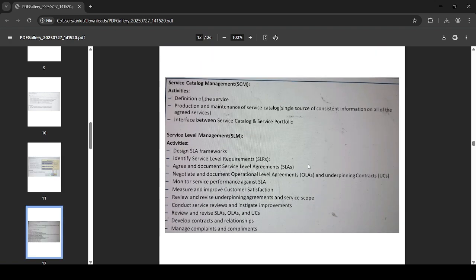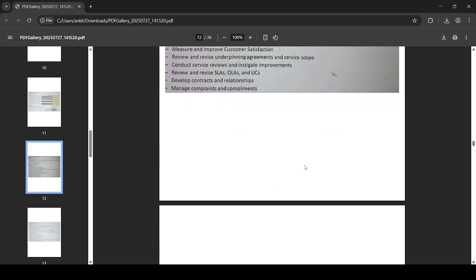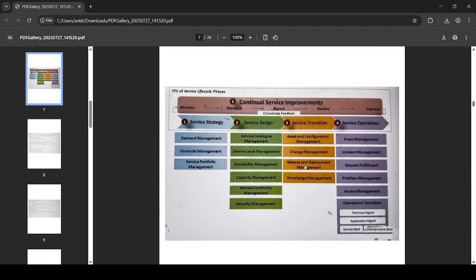Next is service catalog management and service level management. As you know, service level management and service catalog management come under service design. In the service strategy we learned about demand management, financial management, and service portfolio management. Right?